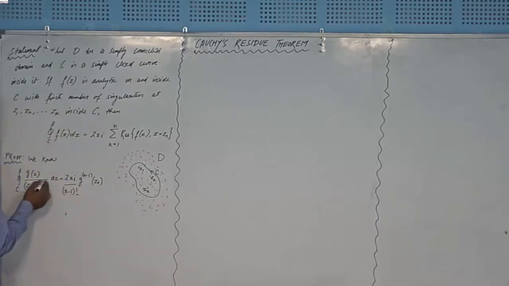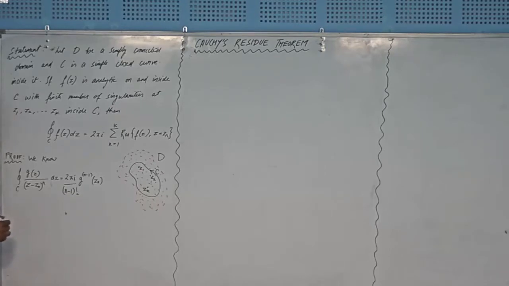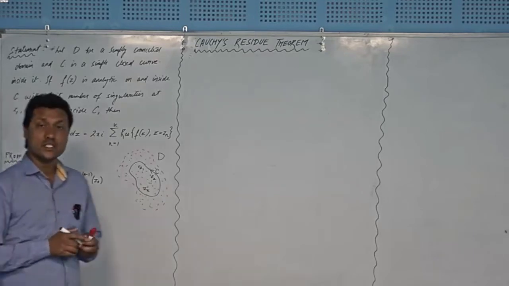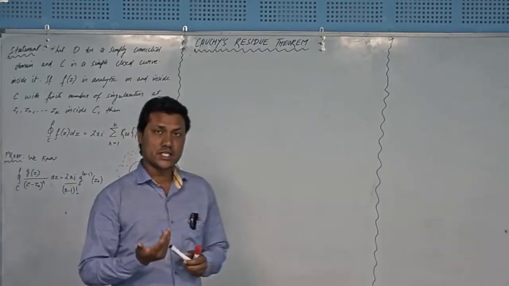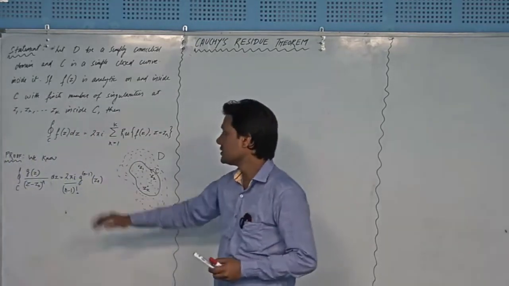So this was Cauchy's integral formula for derivatives, the second version of Cauchy's formula. We had two formulas actually: Cauchy's first integral formula and Cauchy's second integral formula that involves derivatives.